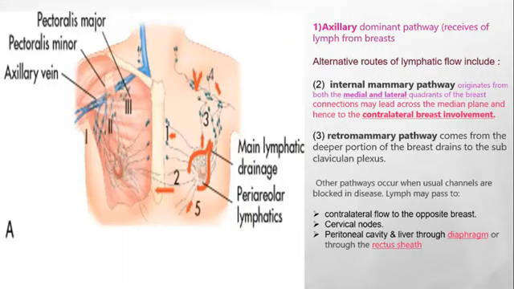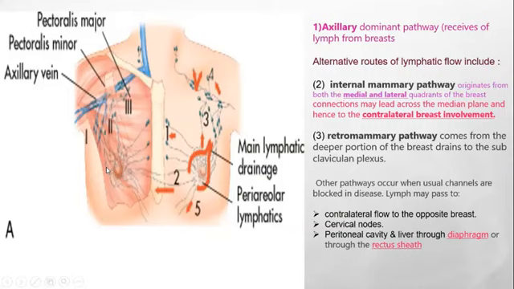Also, there is a retromammary pathway, see, from the deeper portion of the breast to the subclavian plexus. These occur a little bit more than the rest. When the usual lymphatic plexus is blocked, other pathways can open and be involved by the spread of lymphatics, which include directly from the breast to the contralateral breast.